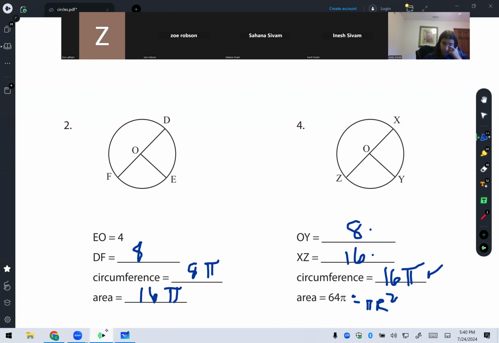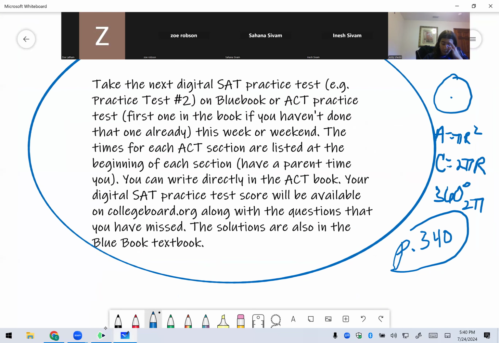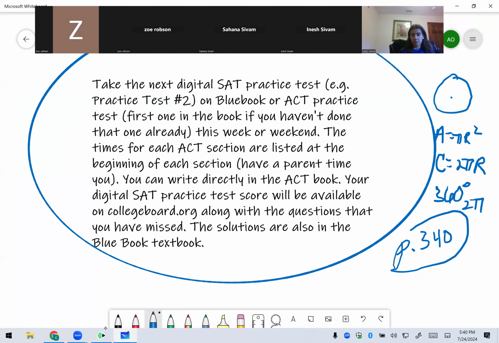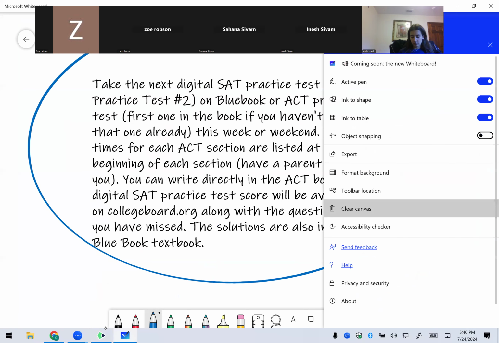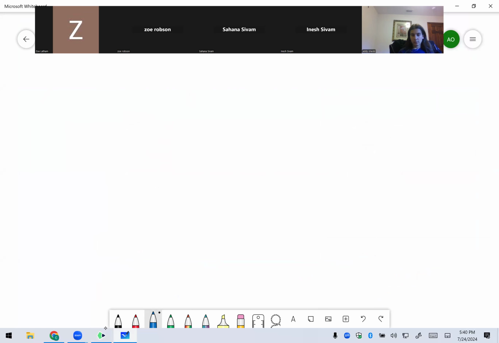Okay, let's try a book problem. Hopefully you have all this down. I'd like to first go to page 345. I hope this is a good one. Number 17.